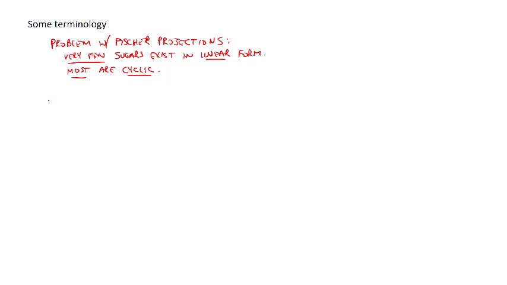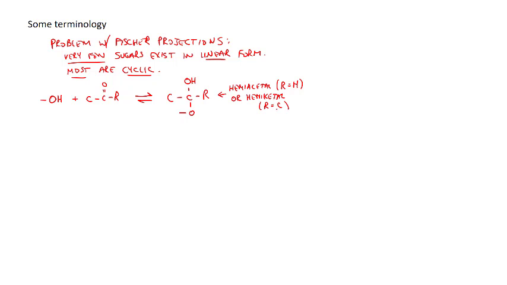Well, the reason for that is because hydroxyl groups and carbonyls can undergo a reversible reaction to give us something that looks like this. All right, this group is what's called either a hemiacetal, which is the case when R is a hydrogen, or a hemiketal, which is the case where R is a carbon.